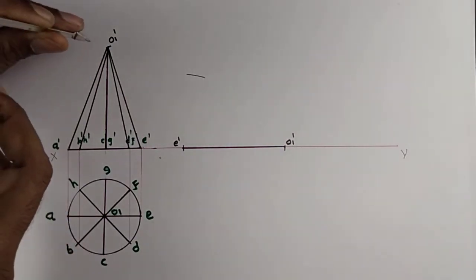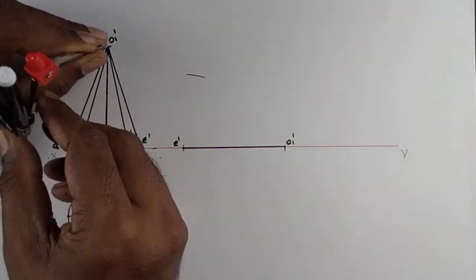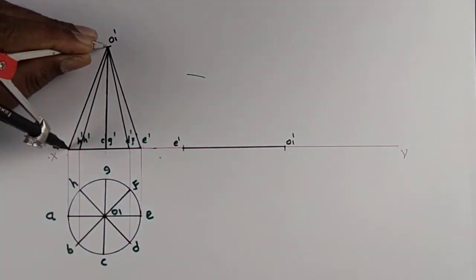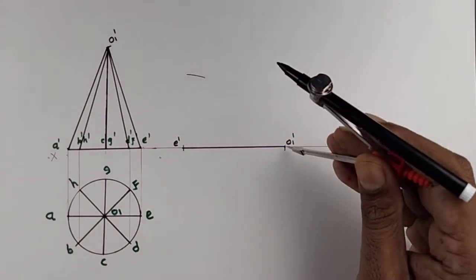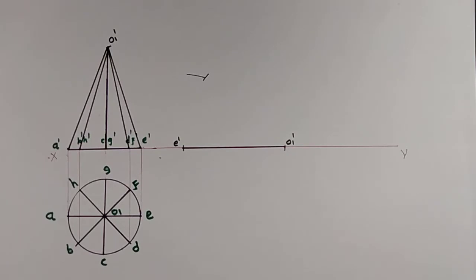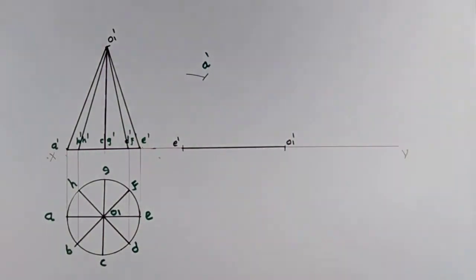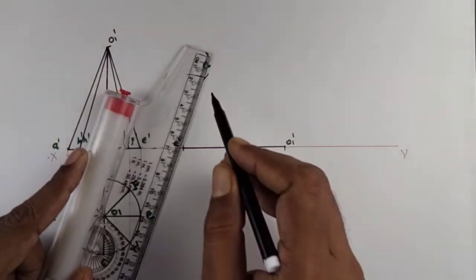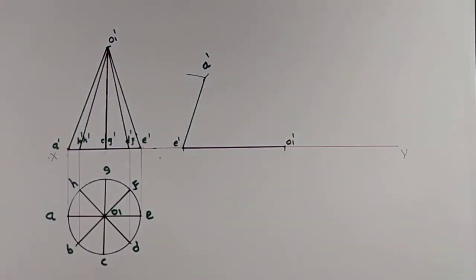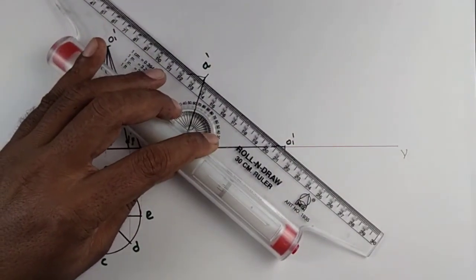Then with the length O1 dash A dash as radius and center O1 dash, we draw another arc. The intersection point gives A dash. So join A dash E dash, which is your base, and connect A dash O1 dash.